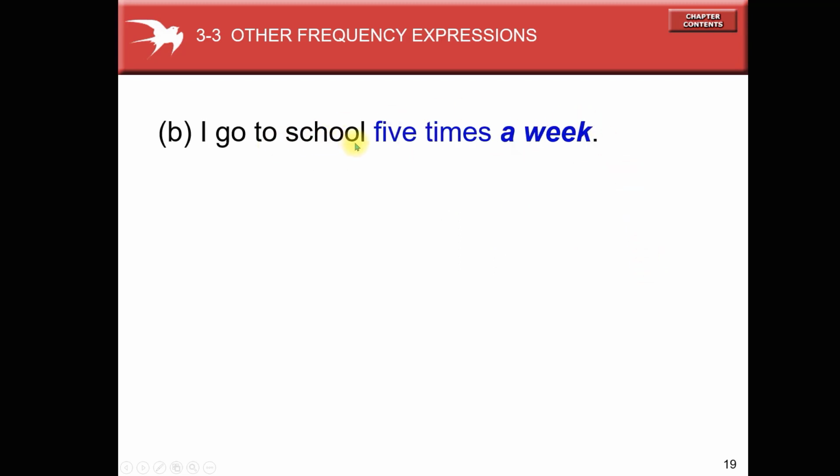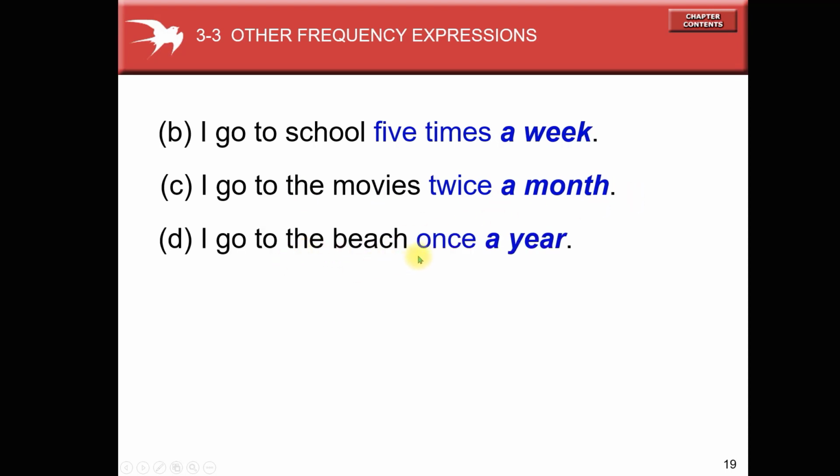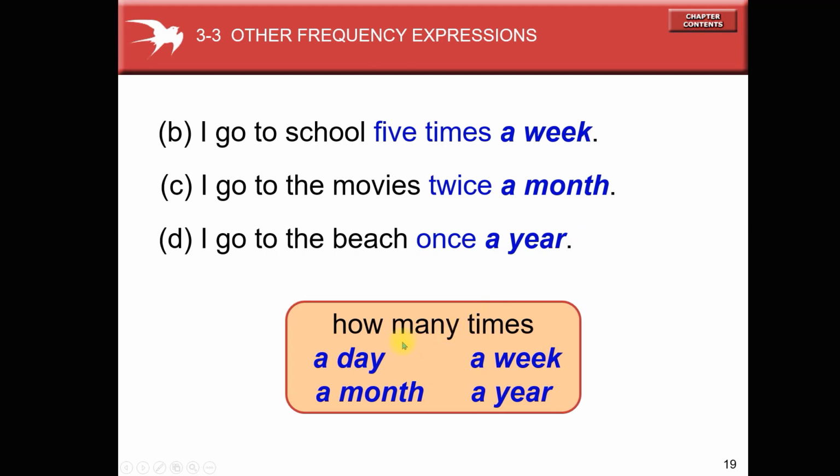I go to school 5 times a week. I go to the movies twice a month. I go to the beach once a year. How many times a day, a month, a week, or a year? Once, twice, 5 times, 10 times, etc.